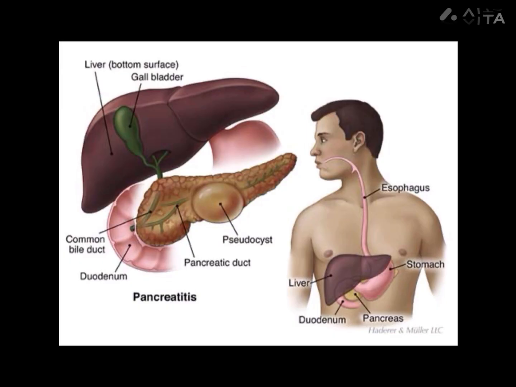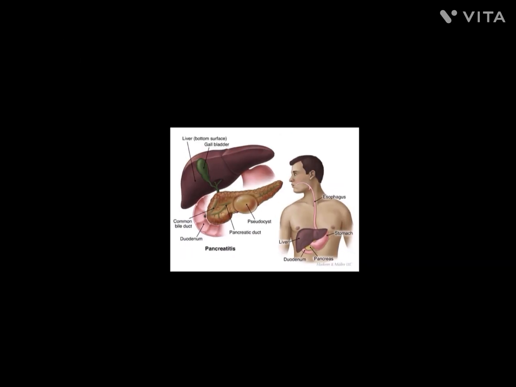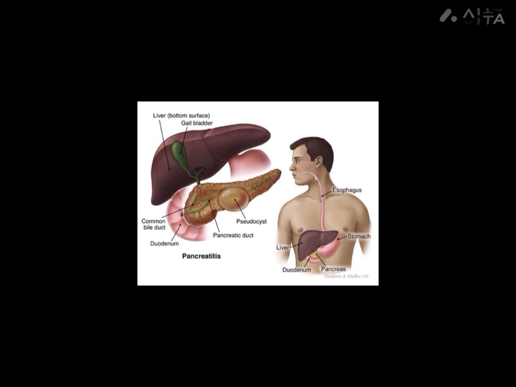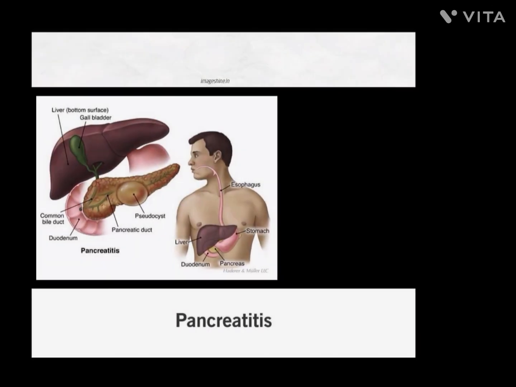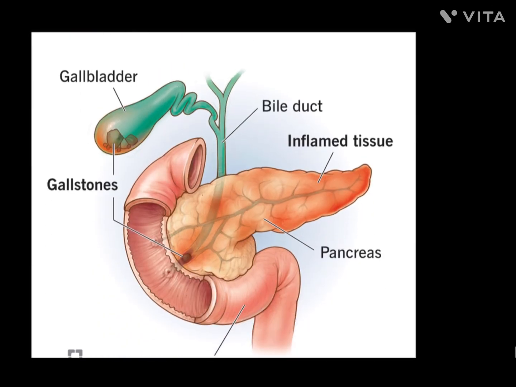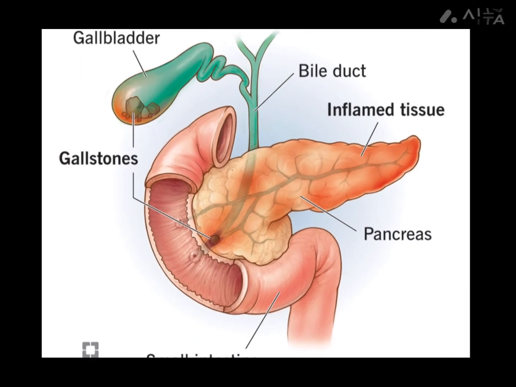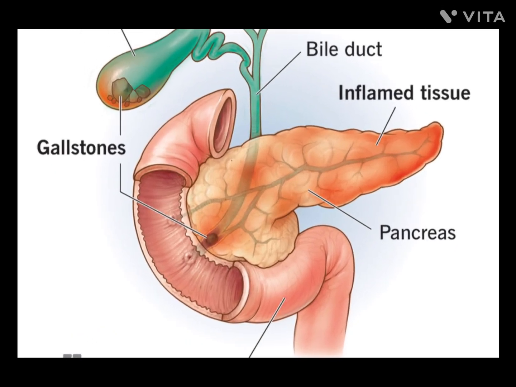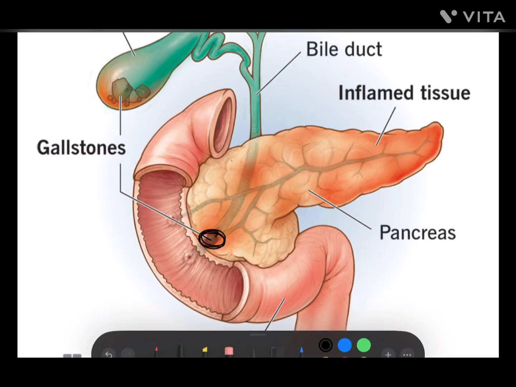In exam settings, the most important questions they are going to ask are about the most common causes. We already discussed everything earlier, I just want to give a recap. That's why I am discussing these high-yield points. The most common cause of pancreatitis is gallstones. The best diagnostic enzyme is lipase.